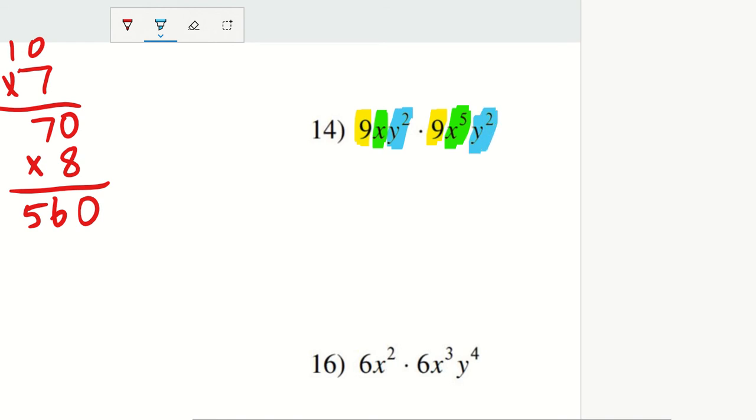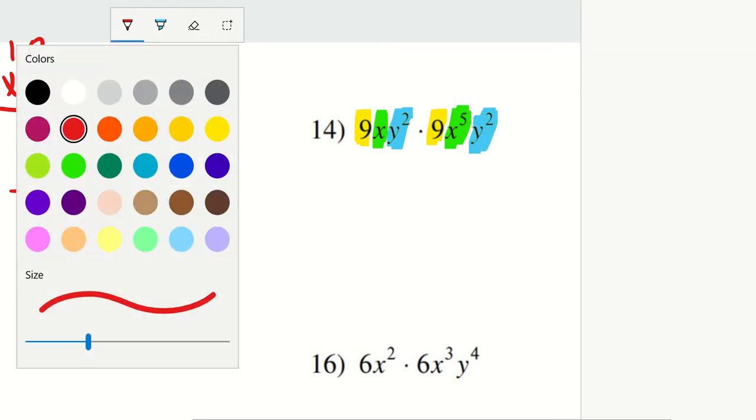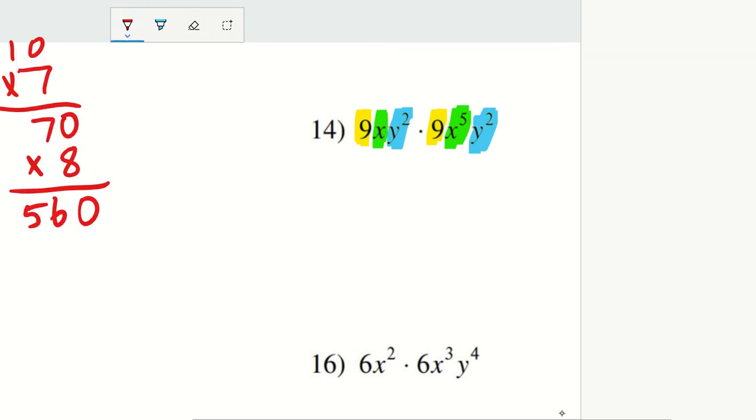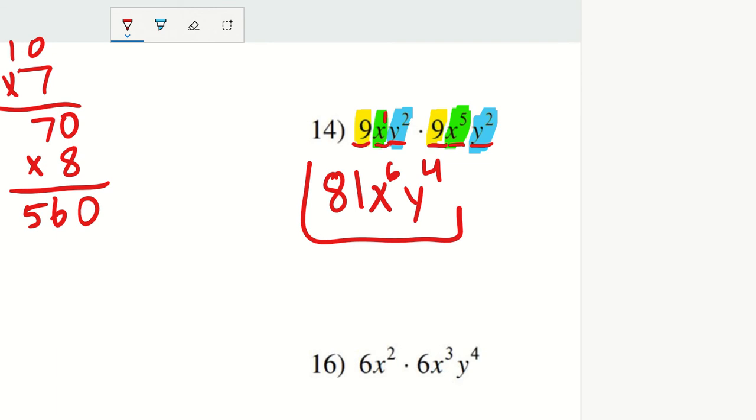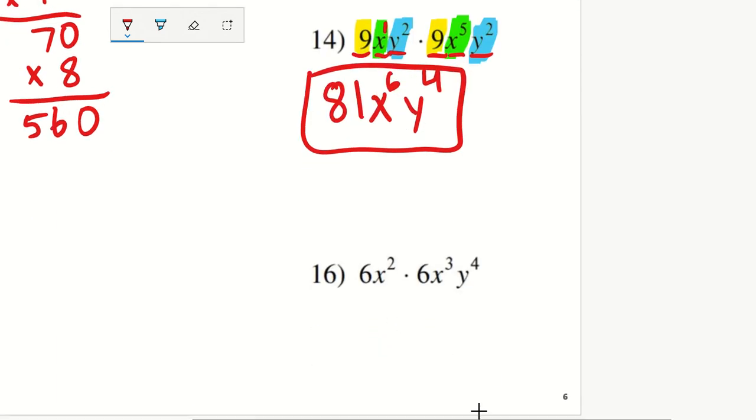So let's take it step by step. 9 times 9, that's 81. And then we multiply the x's. Remember, there's a 1 right there. x to the 1st times x raised to the 5th power. That's 1 plus 5 is 6. And then we multiply the y's. y squared times y squared, 2 plus 2 is 4. So that would be our simplified expression for that example.